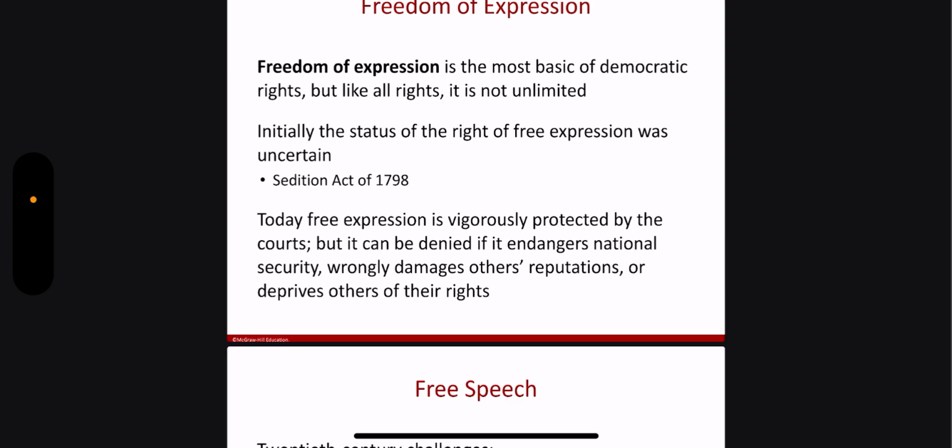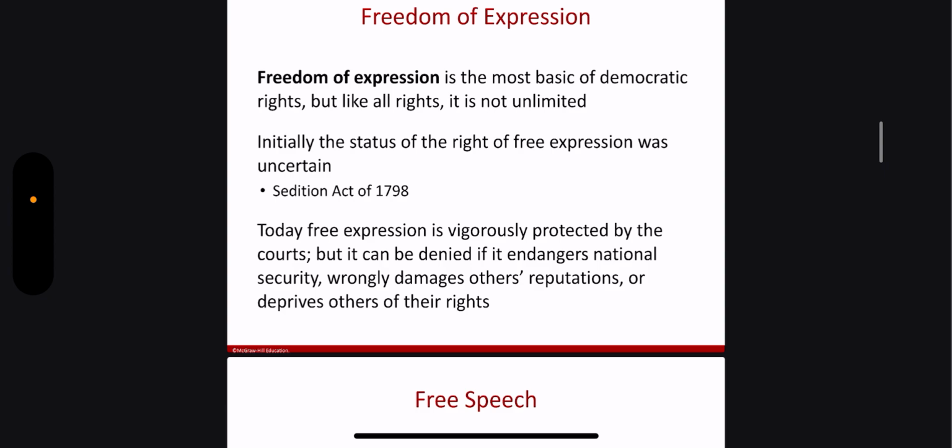Now, today, if freedom of expression is protected, I would say it's protected way more vigorously than it was, say, in 1798. However, again, it is not absolute, and it can easily be denied if it runs afoul of national security, if it's talking about or damaging other people's reputations, or if it starts to deprive others of their rights. So if it starts to do any of those things, no more freedom of expression for you.